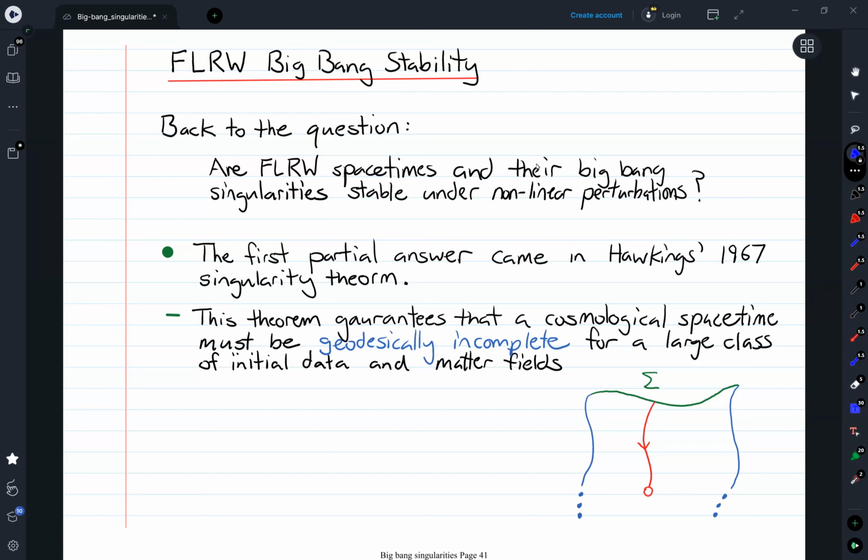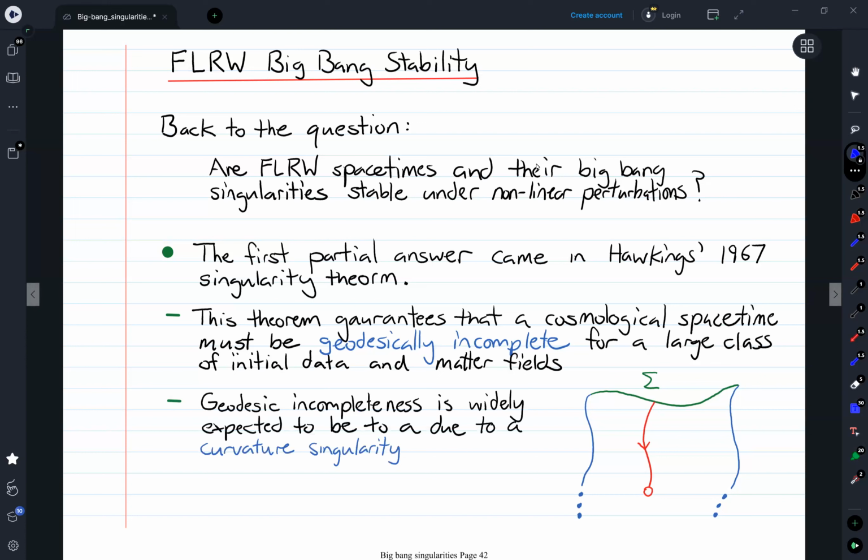So people widely anticipate that this is going to be due to a curvature singularity, right? So we want an answer why something should stop it. Now, what's stopping it? In the FLRW solution, we have some nice singularities there, so maybe they're the same type when you look at other data, and what's causing this is a curvature singularity, okay?